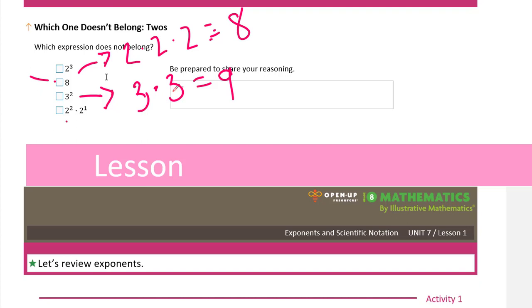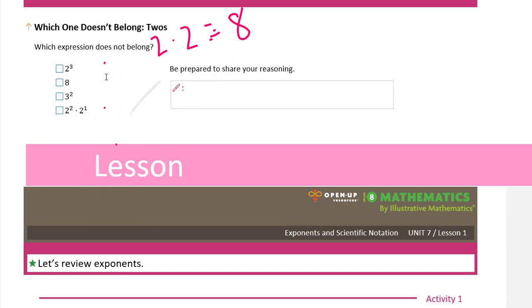And then we've got this one, that if we evaluate 2 times 2, that would be 4. And 2 to the 1st is times another 2, which would be that 4 times 2 is 8. So we've got 3 of these that, if we evaluate them, would have a value of 8. So for that reason, we could say 3 to the 2nd doesn't belong because it's the only one that doesn't have a value of 8.